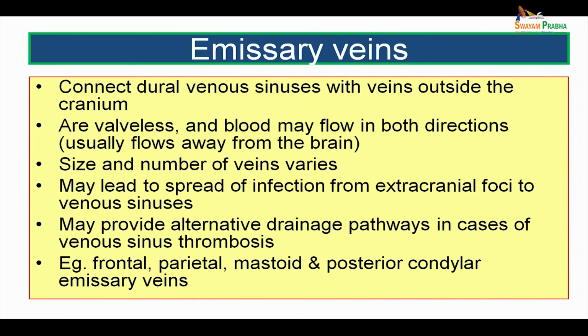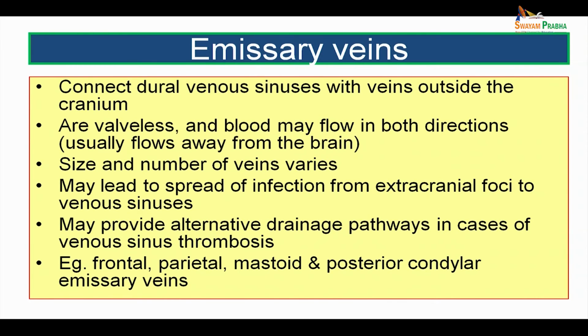Emissary veins. These veins connect the dural venous sinuses with veins outside the cranium. They are valveless and the blood may flow in both directions, but it usually flows away from the brain tissue. Size and number of these emissary veins may vary.